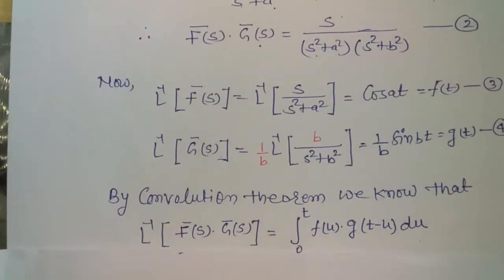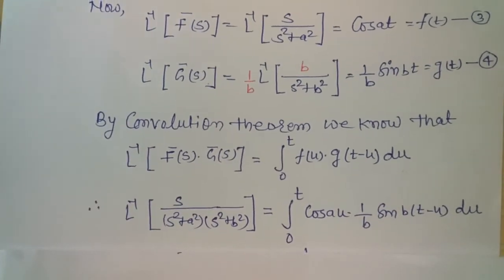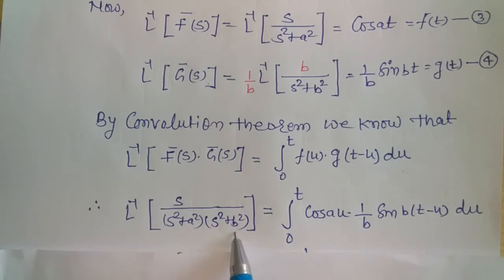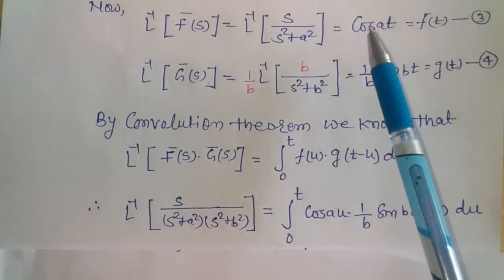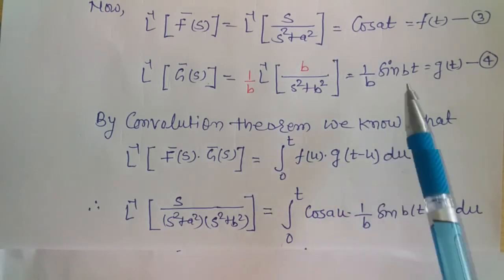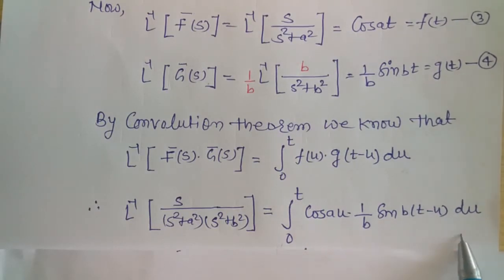So using convolution theorem, we get the inverse Laplace transform of s upon (s square plus a square) into (s square plus b square) as the integral from 0 to t of f of u, which is cos au, into g of t minus u, which is 1 upon b sin b into (t minus u), du.